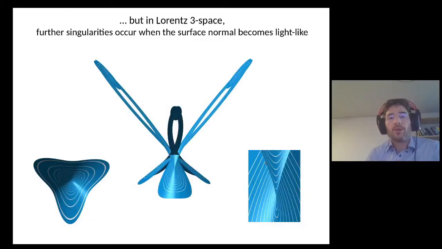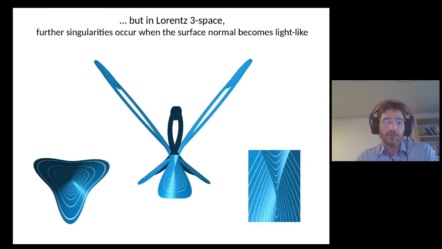But I want to point out that if you change the target space, so if you use a Lorentz space, for example, and look at CMC surfaces in this space, then you get other types of singularities, not isolated singularities, in addition to branch points. Here's an example of a CMC surface in Lorentz space, which is obtained by solving an integrable PDE.